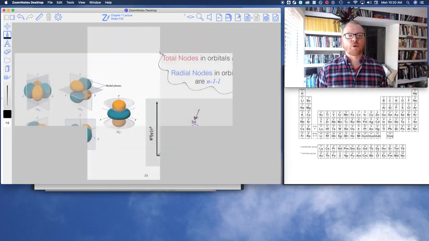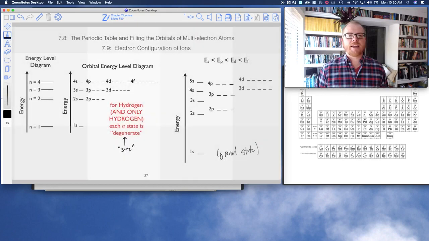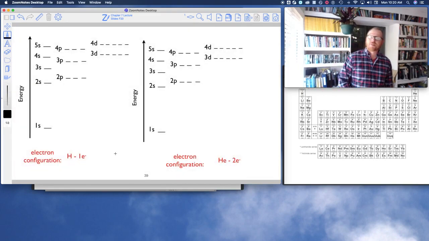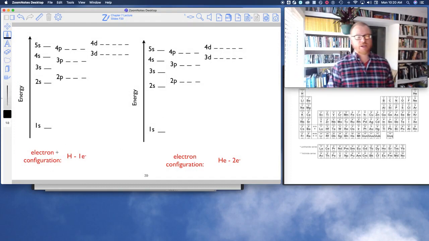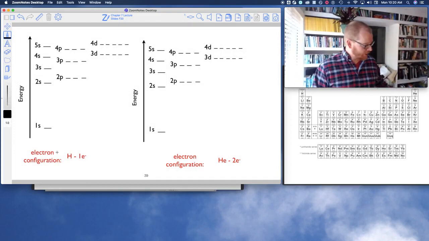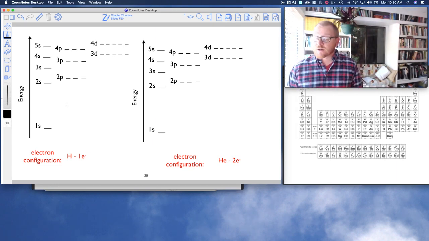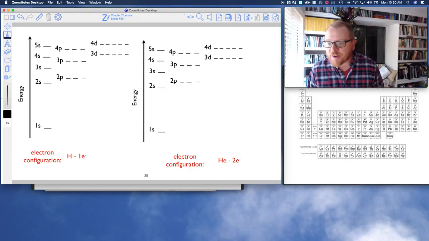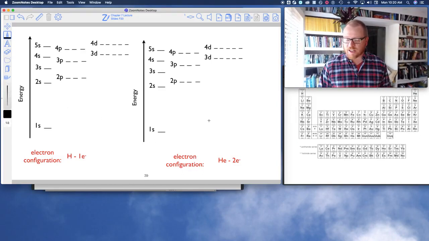Okay, so let's go through it. We're going to go through many examples here. Okay, so let's start with hydrogen. And what I'm also going to do is introduce something called electron configuration, which is a type of notation that we use to summarize this diagram. Okay, so hydrogen on the periodic table, there it is. It only has one single electron.